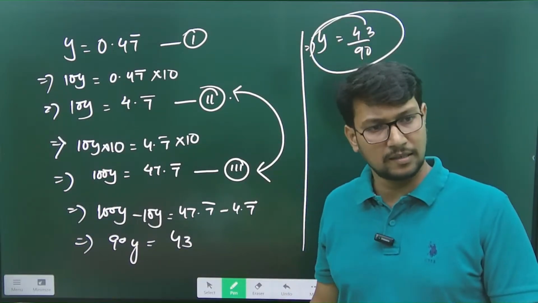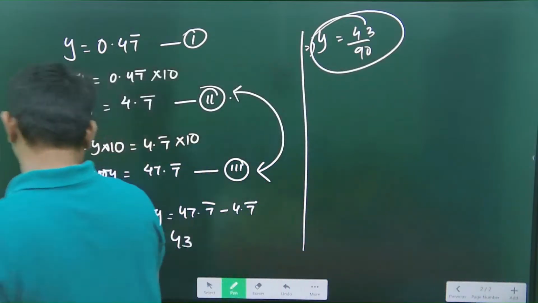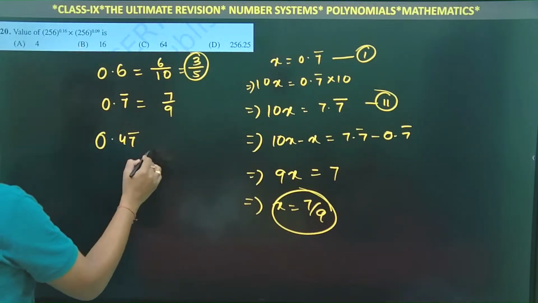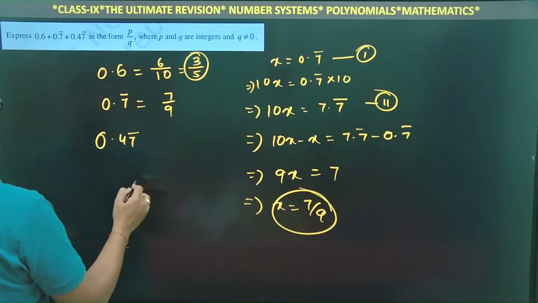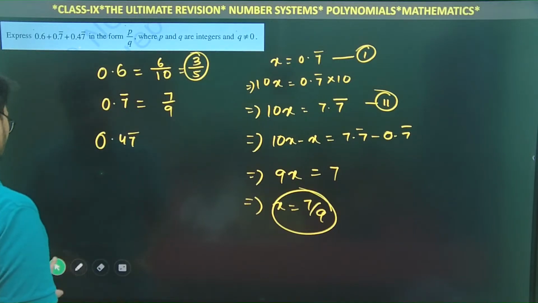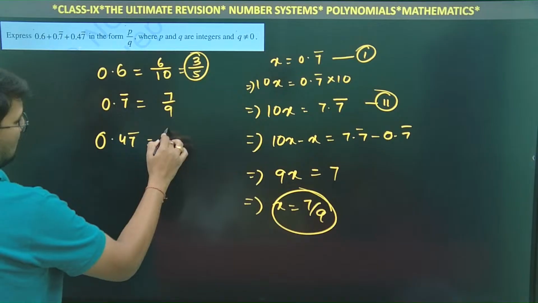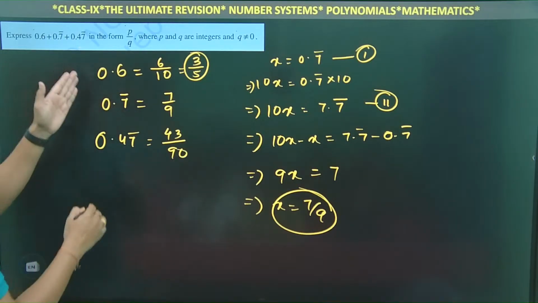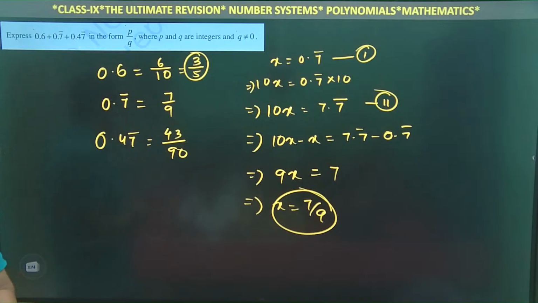Is that clear? So how much have we got? 43 by 90. Right? Now let us add these three.